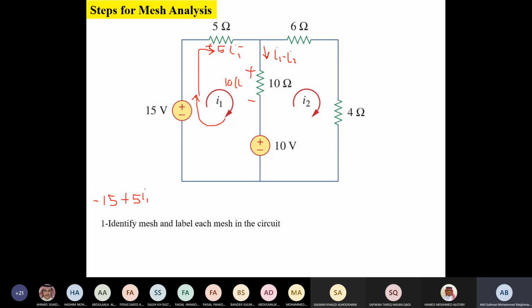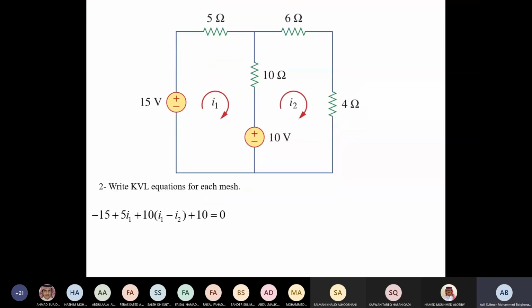So this one will be 10 (I1 minus I2), plus 10 (I1 minus I2), and then plus 10, because the voltage drop is equal to 0. Okay, this is the same one. I simplify. I go and apply the same thing on the other one.